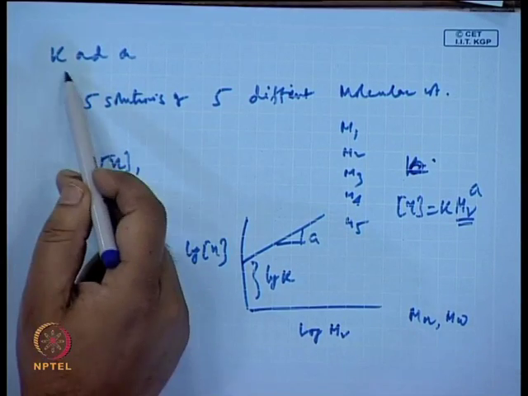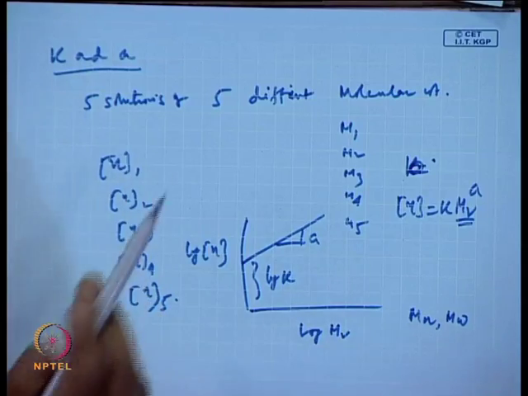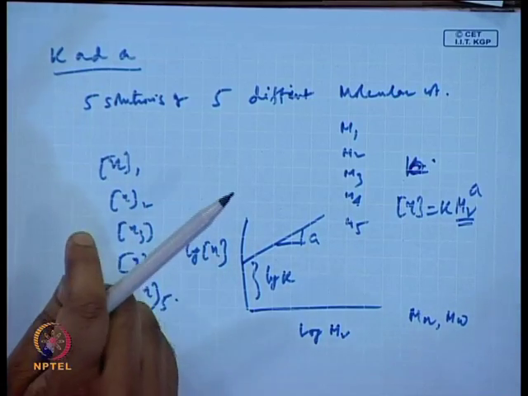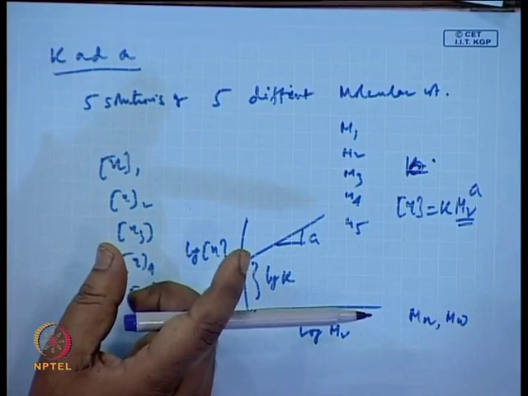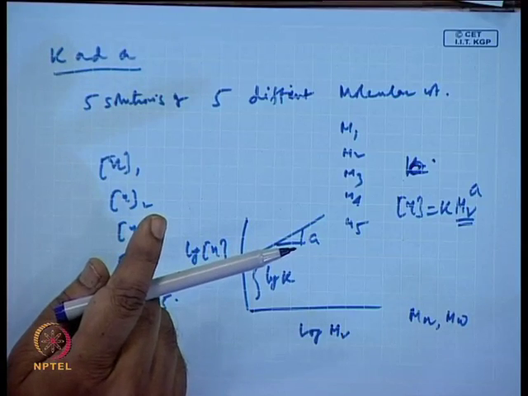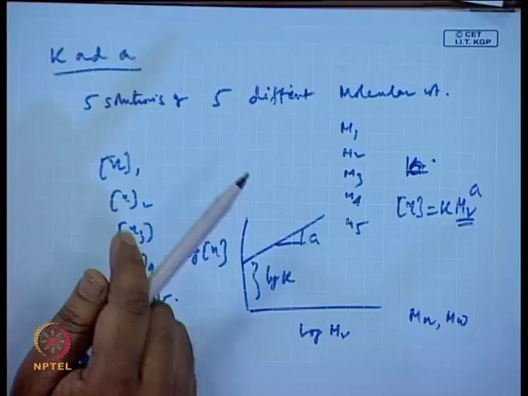So, if your K and a are not known, you need to have 5 different molecular weights of that polymer, where the molecular weights are known by other absolute techniques, and the samples should be very narrowly dispersed, so that Mn or Mw can be equated to the Mv.